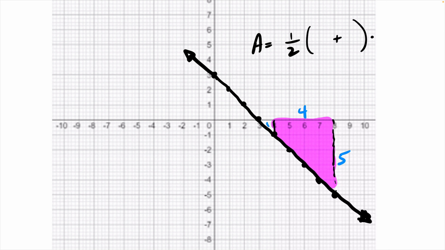Base 1 is 1, base 2 is 5. Base 1 and base 2 are always parallel to each other. That's how you can tell base 1 and base 2. And then the height is the one we haven't touched, 4. So 1/2 times 6 times 4, 12.